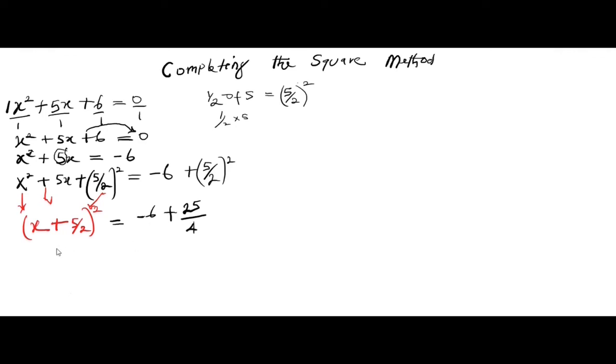So the next thing is for us to simplify this. So we have our x plus 5 over 2 all in squared equals to negative 6 all over 1 plus 25 all over 4. So let's take the LCM.